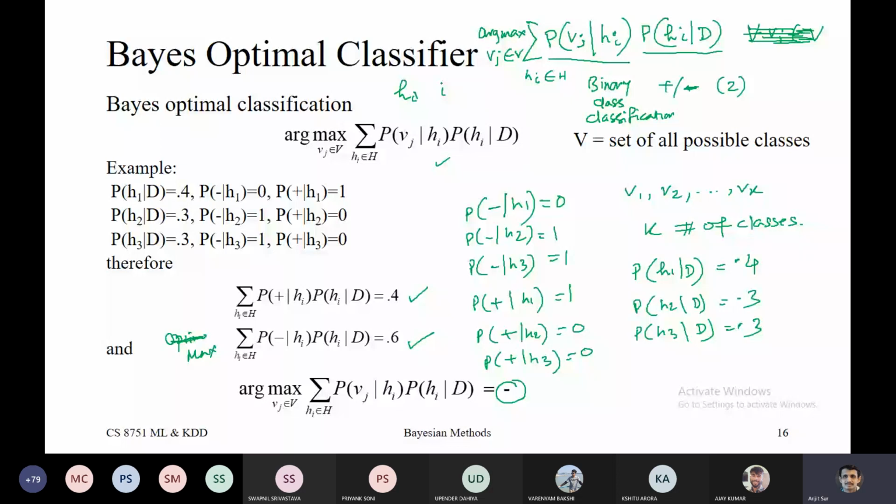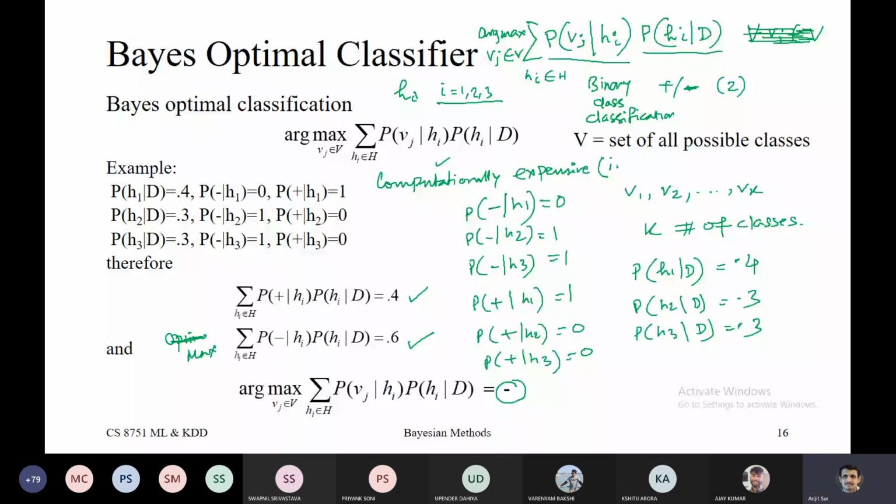Now, if this is very high, and the number of classes may also be very high, 10 classes, 30 classes, then this is computationally expensive, or as a technical term, intractable.